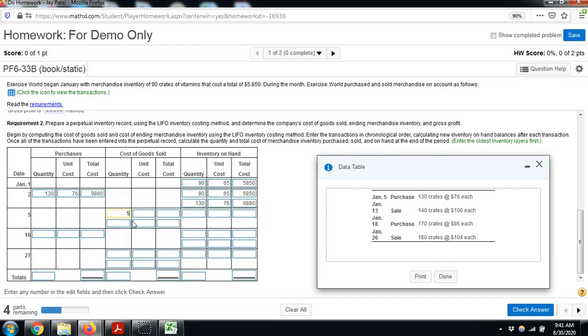So we're going to sell all of these 130 at 76. And then the remaining 10 will come from this $65 tier. And then what do we have left over? We have 80 of these left over because we had 90. We just sold 10 of them.